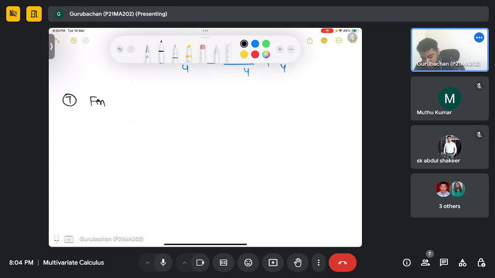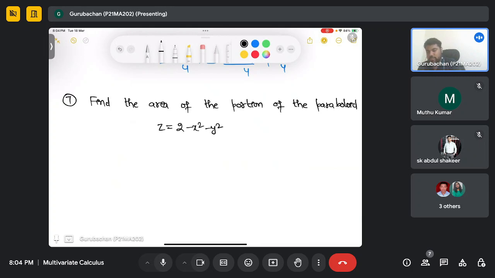Find the area of the portion of the paraboloid z is equal to 2 minus x square minus y square that lies above the xy plane.